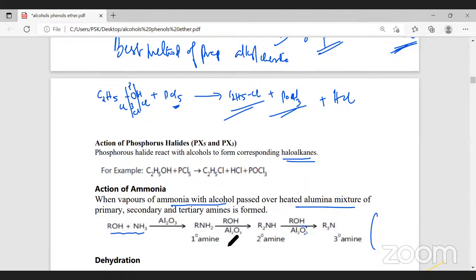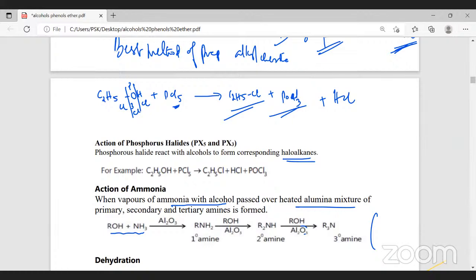But remember, when vapors of alcohol and ammonia are passed over alumina, Al2O3, we get a mixture of primary, secondary, and tertiary alkyl amines.